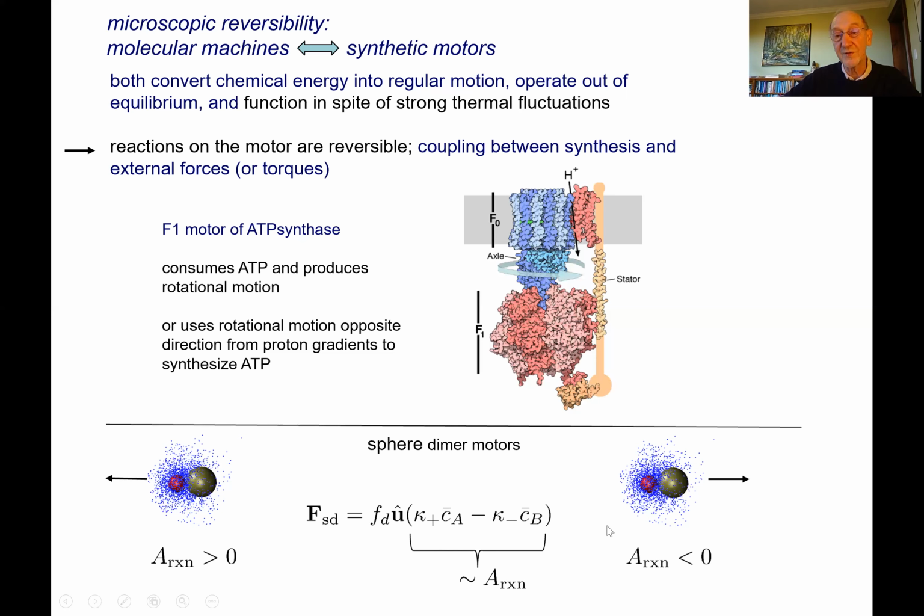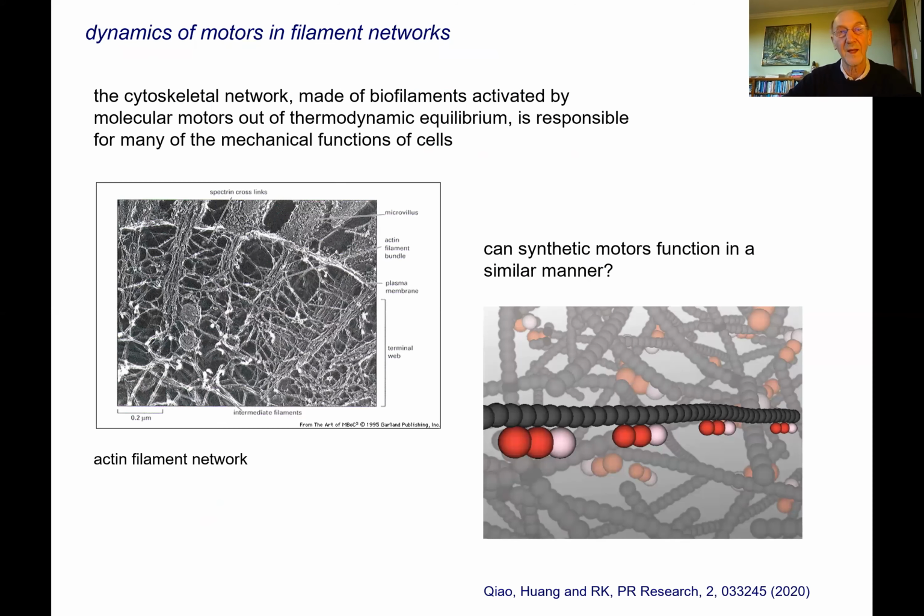But if the reverse is true, if the affinity is less than 0, then the motor moves in a backward direction. So simply by changing the reservoir concentrations, or the concentrations of the feed species in the system, I can make the motor move forward or backward. Very similar to this molecular machine rotating clockwise or counterclockwise.